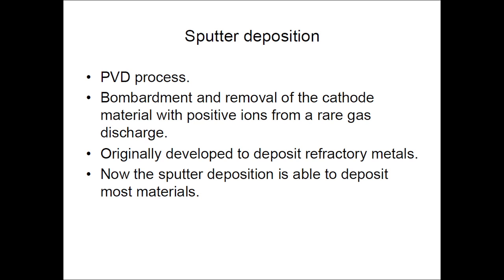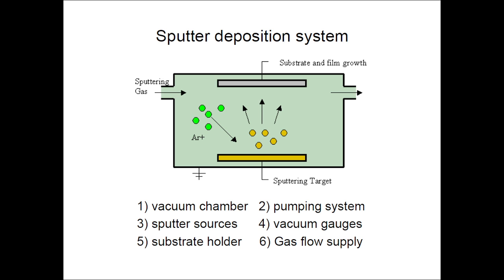Okay, so here you can see the sputter deposition technique where argon ions are directed towards a sputtering target after ionization. Initially we create a vacuum inside the chamber and introduce the sputtering gas, which is argon here.